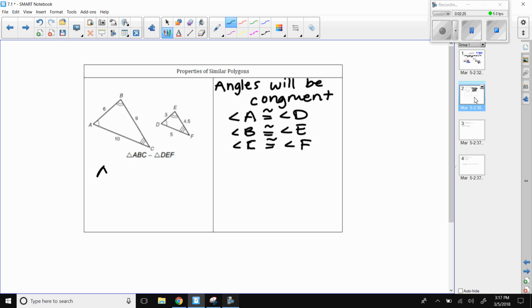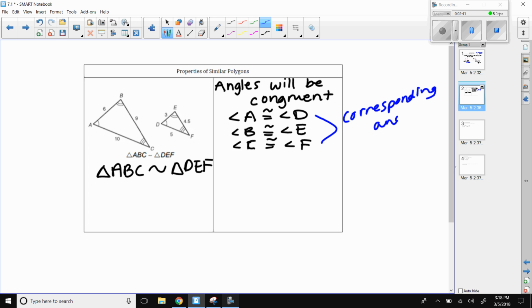This also says here triangle ABC is similar to triangle DEF, which means it's going to have these corresponding angles.